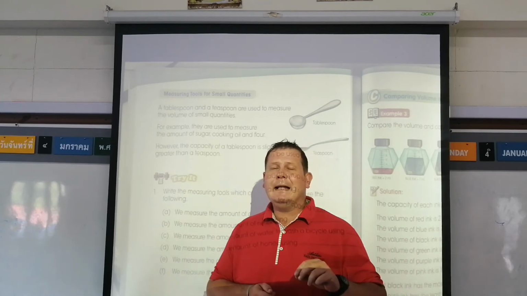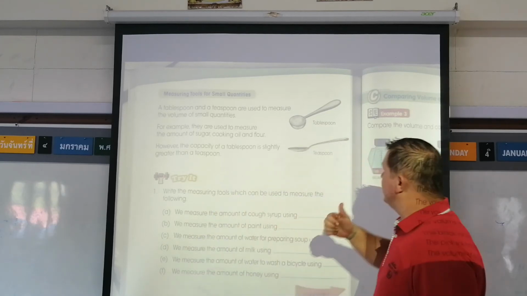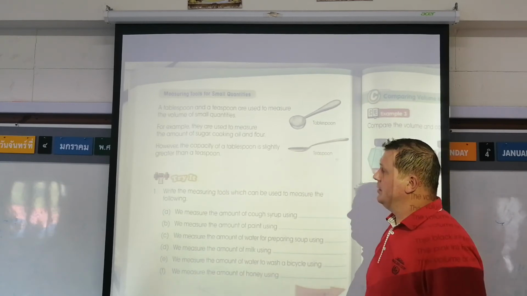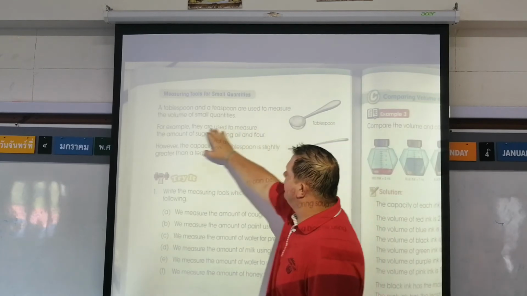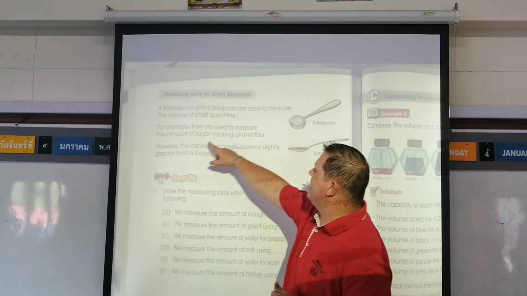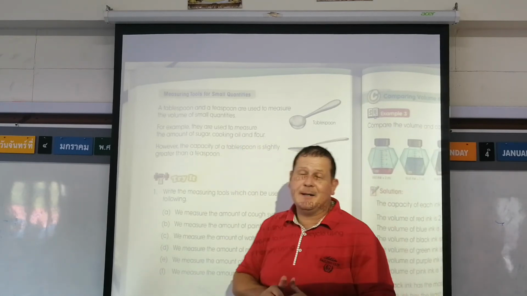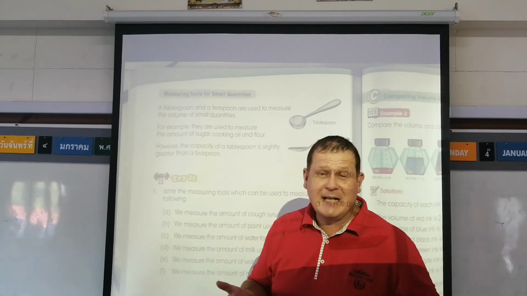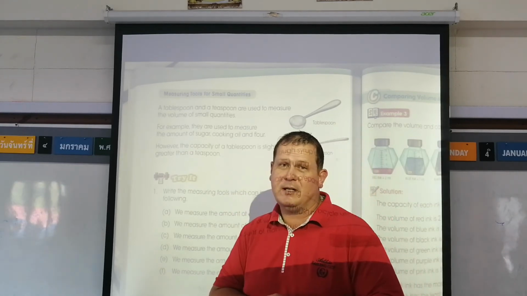Then I need to add a tablespoon of water. So a tablespoon and a teaspoon are used to measure the volume of small quantities. For example, they are used to measure the amount of sugar, cooking oil, and flour. And that's quite interesting because part of my Thai omelette recipe is rice flour, and it says a tablespoon of rice flour as well.